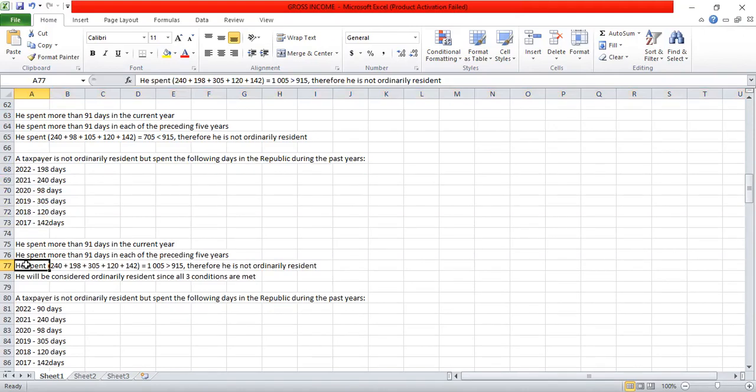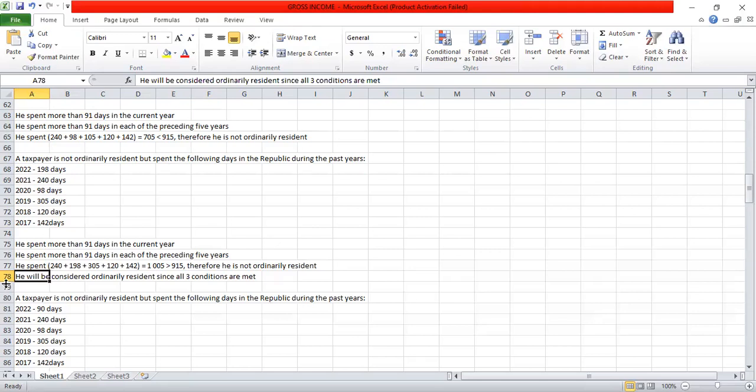Because the 1,005 days are more than 915, you are now ordinarily resident in South Africa. You will now be taxed the same way as a resident. So here, we're saying you will be considered an ordinary resident since all the 3 conditions are met. You meet conditions 1, 2, and 3.